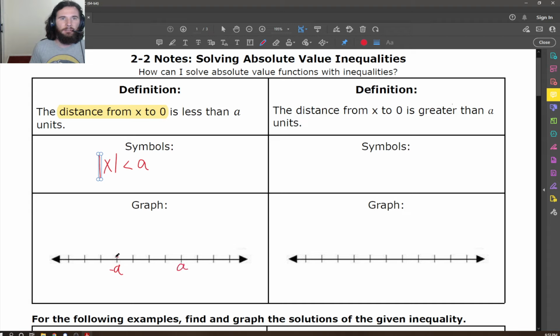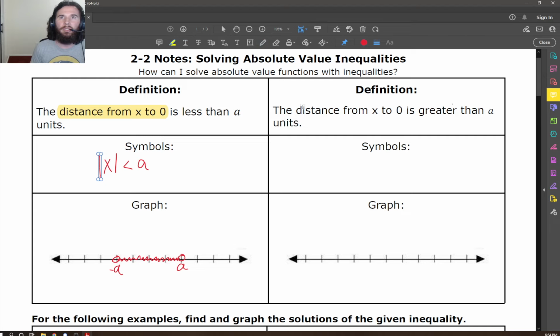This is not inclusive, so they get open circles. And x could be anything in between those two, because it has to be less than a and greater than negative a.